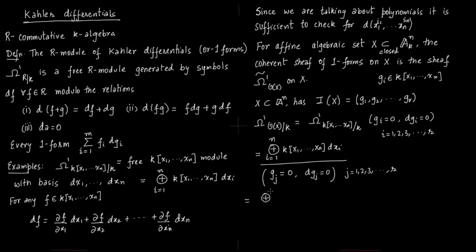Now we modulo out with all these g_j, j equals 1, 2, 3, 4. From K[x1 to xn], you modulo out all the polynomials which define X. So if you modulo them out, what you get is O of X. That is the definition of O of X. You take K[x1 to xn] and modulo out all the polynomials which generate X. And the only thing that remains in the denominator is dg_j, and in the numerator you still have dx_i.